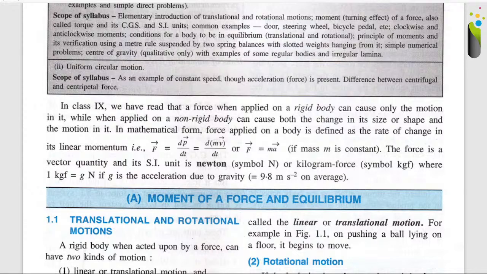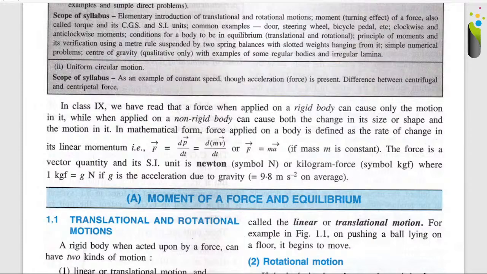In mathematical form, force applied on a body is defined as the rate of change in its linear momentum. That is, force F is equal to dp upon dt, is equal to d(mv) upon dt, or F is equal to ma if mass m is constant.